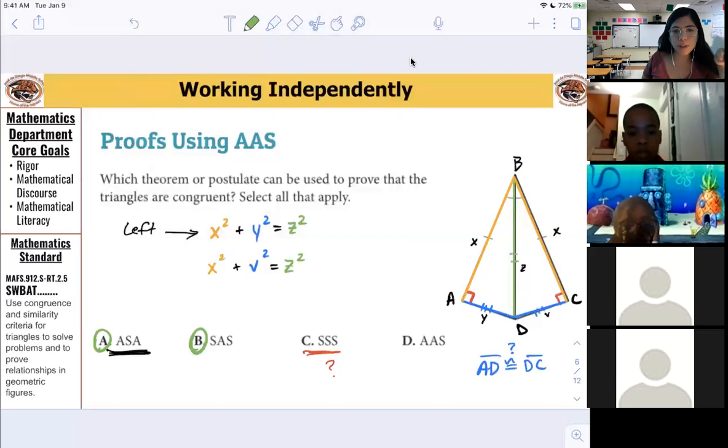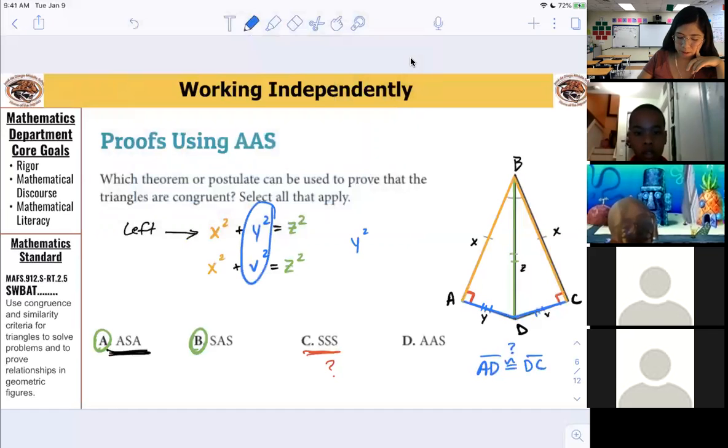Okay, so those are my two Pythagorean theorems, but what can I make equal to each other now that I have this information? AD and DC, because everything else matches, so this part right here also has to match. So y squared has to be equal to v squared, which means y has to be equal to v, which is why we can make that statement.